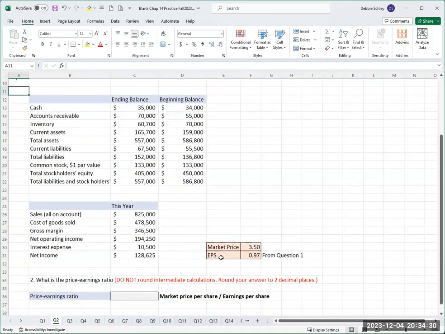So I need the earnings per share from question 1 that I just figured out, and the market price, which was given at the beginning of the problem. So price earnings ratio then equals market price per share divided by the earnings per share that we figured out in question 1. So mine is $3.62.